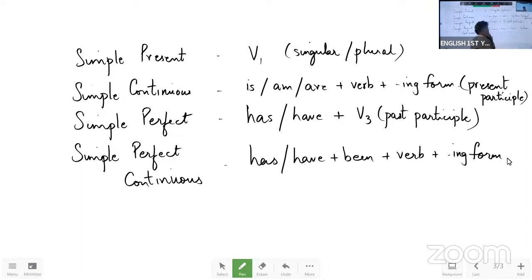If you remember this, children, it is very, very easy for you to know in which tense what you have to use.